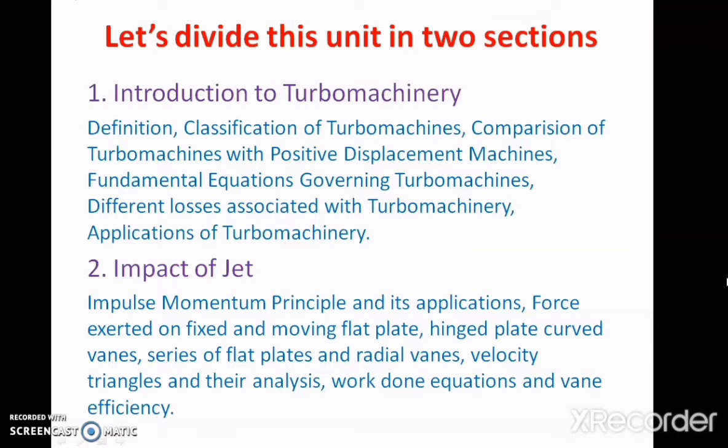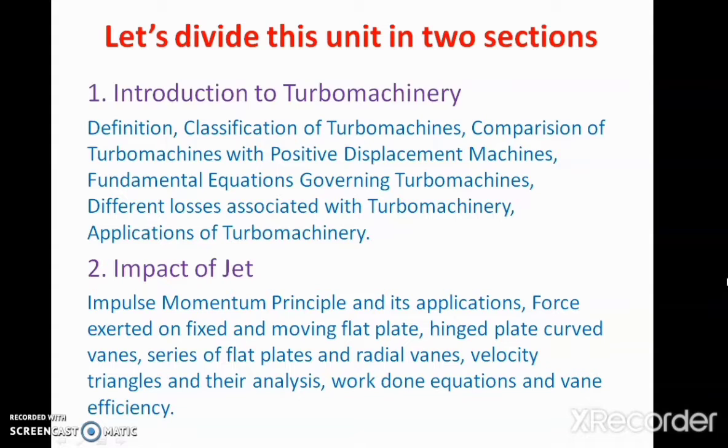For understanding this unit in simple manner, I have divided it into 2 sections as given in the syllabus. First section consists of Introduction to Turbo Machinery and the second section consists of Impact of Jet. Now, what we are going to see in the Introduction to Turbo Machinery, it is the basic concepts.